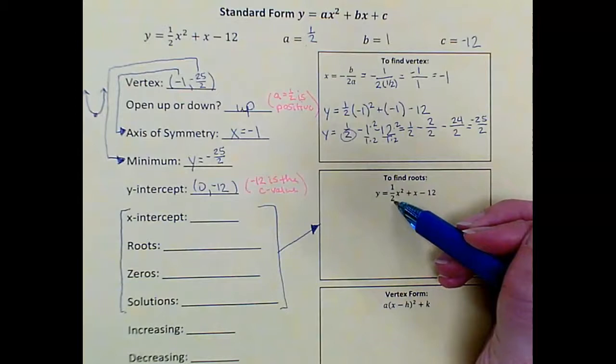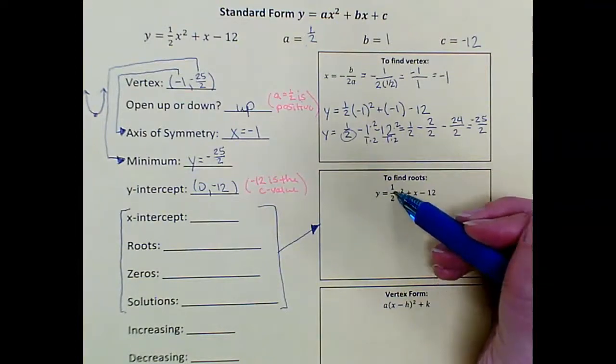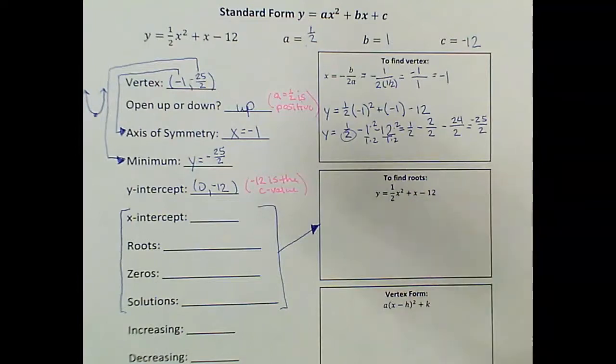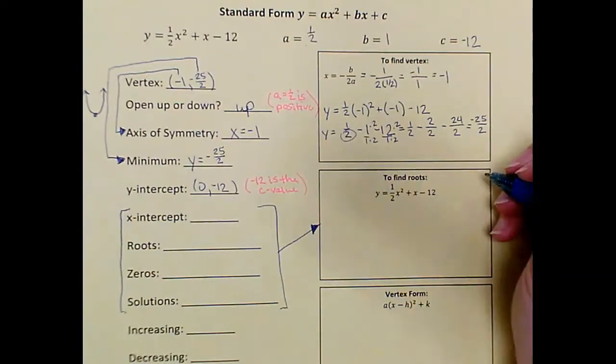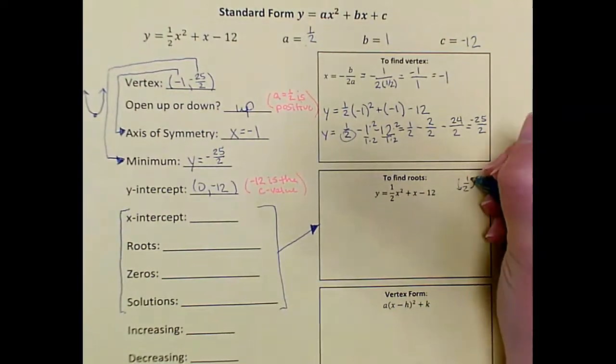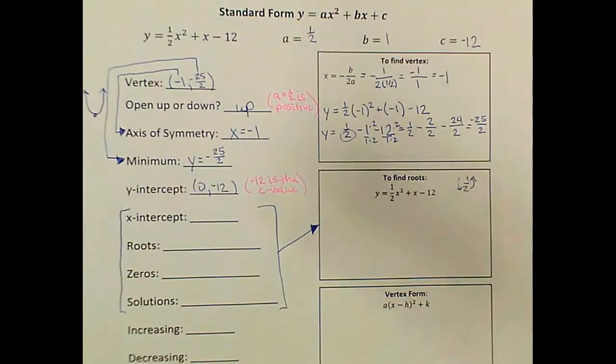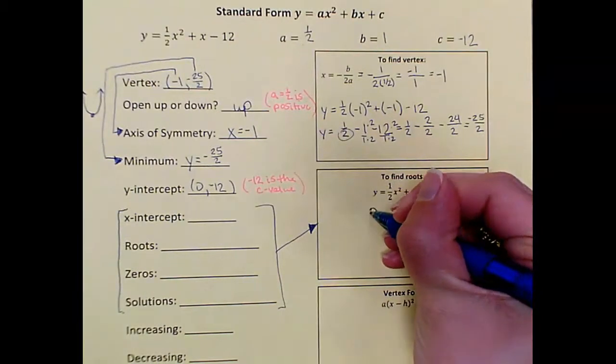Now, this is kind of icky looking. And so instead of dividing out 1/2, how do you divide by 1/2? It's the same thing as multiplying by what? By the reciprocal. So the reciprocal of 1/2 is 2/1. So what I'm going to do is substitute 0 for y.